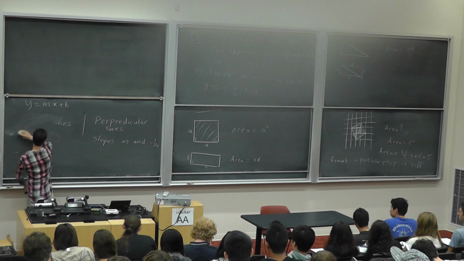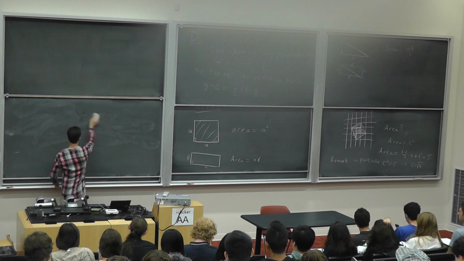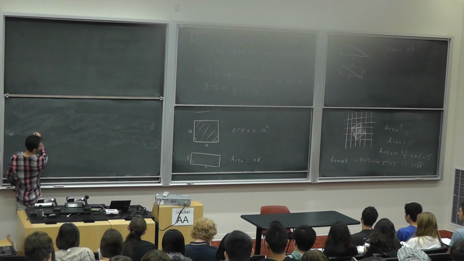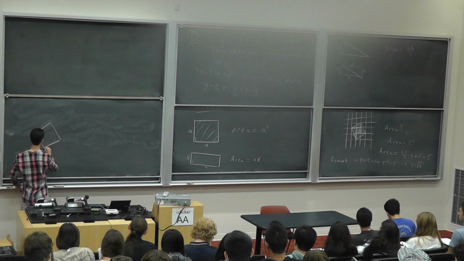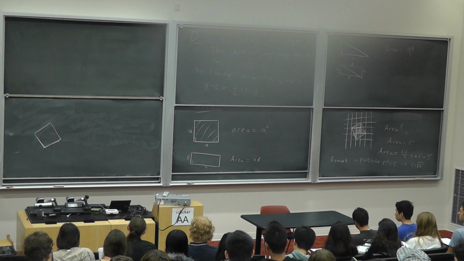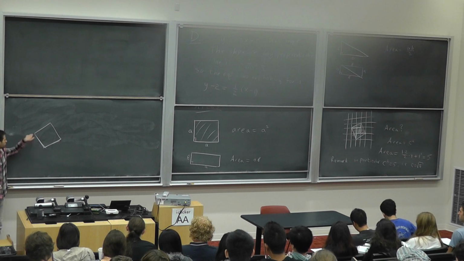So let me draw this picture once again. Let's say I have a square, somewhat like this. So like this, like this, like this, and like that. But now I don't know that the distance from here to here and from here to here is 2 and 1.